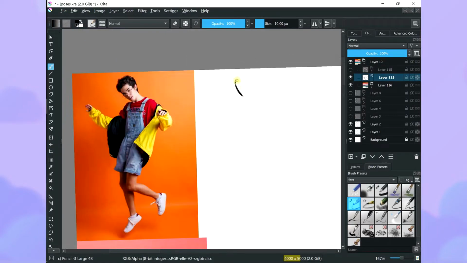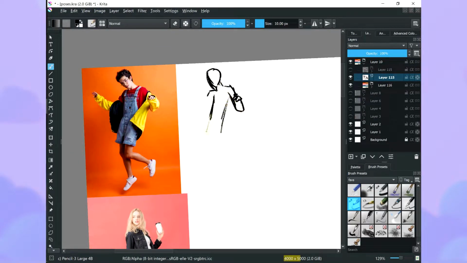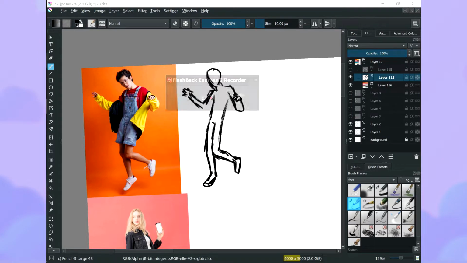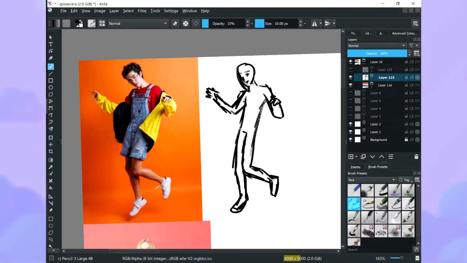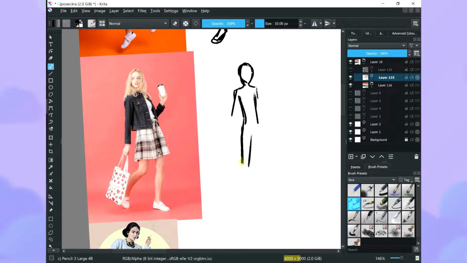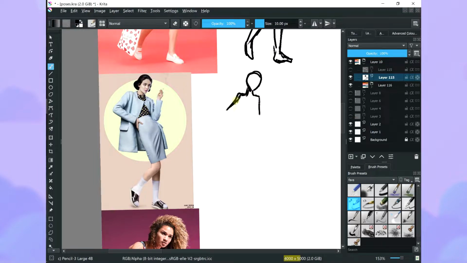In the next sheet you can see there are references of standing or walking people. The poses that they did, even though they were just standing or just walking, seemed pretty dynamic to me just because of the way the people were moving their legs and their arms.